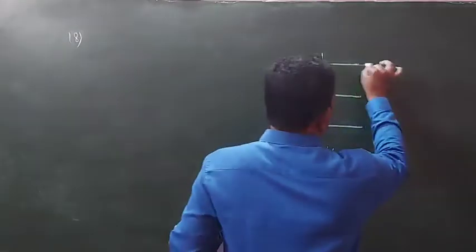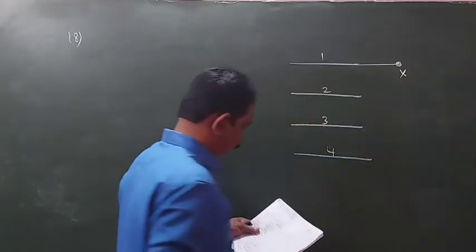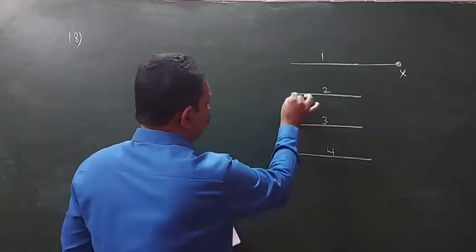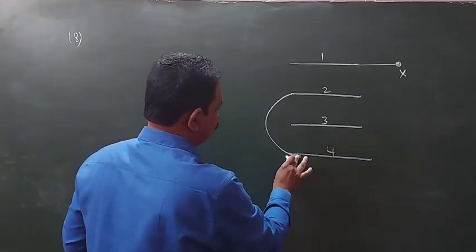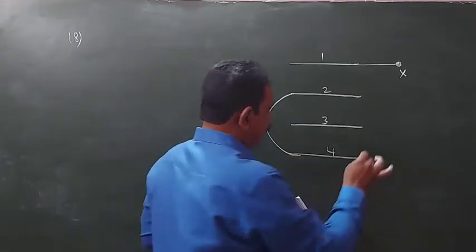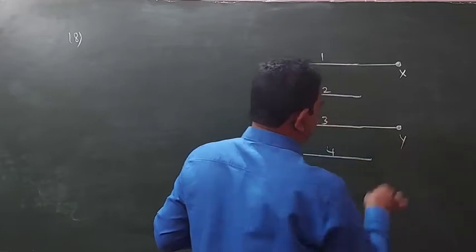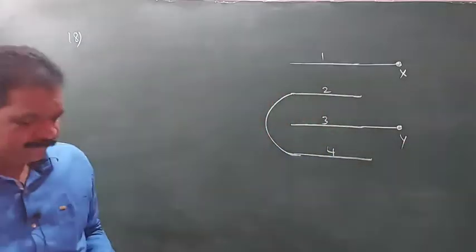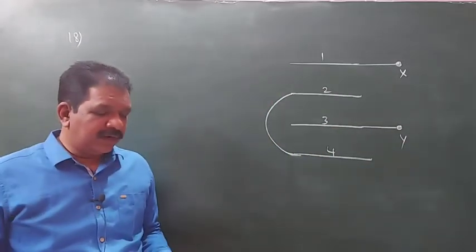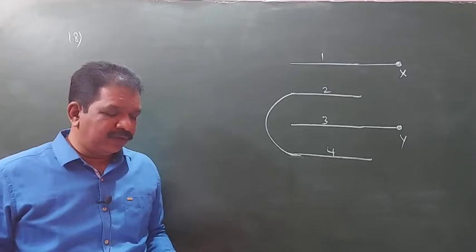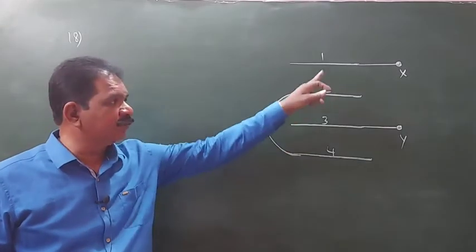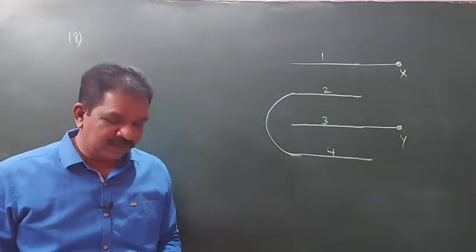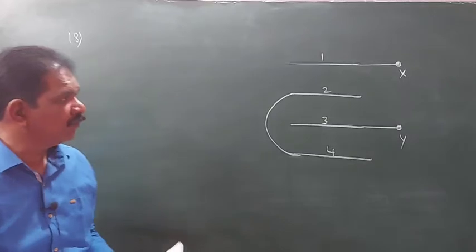Here this is X. These two are connected. And they named this plate as Y. Then what is the effective capacitance of this system? X and Y, what is the effective capacitance?